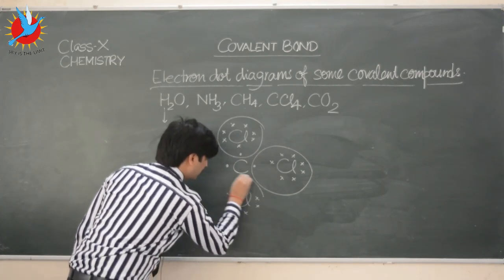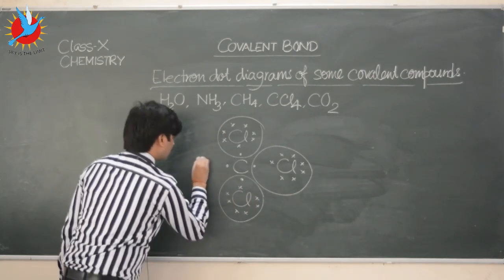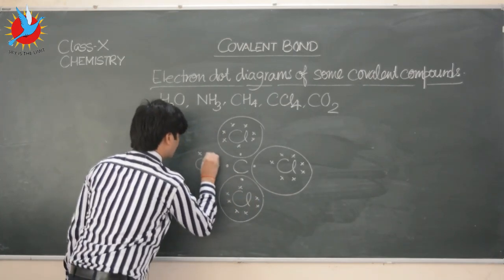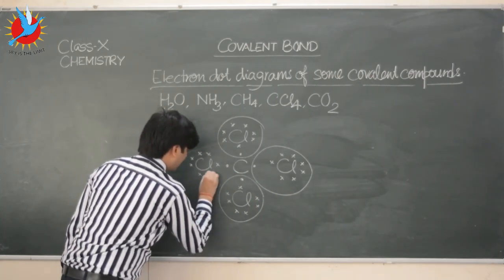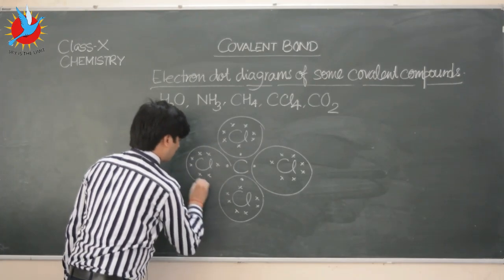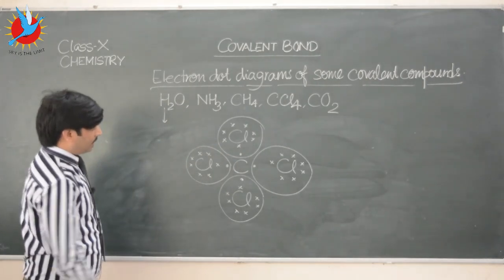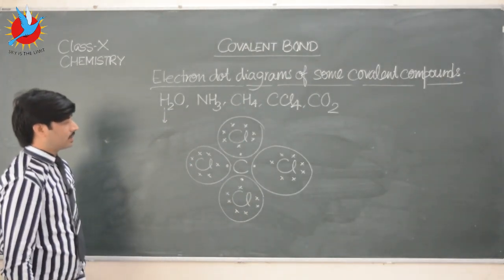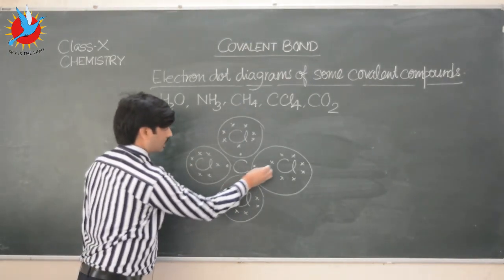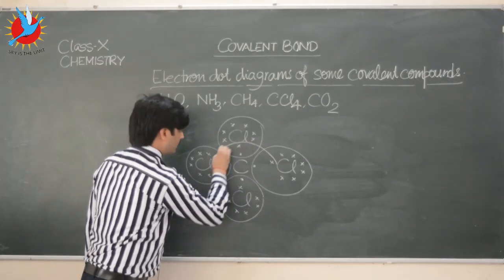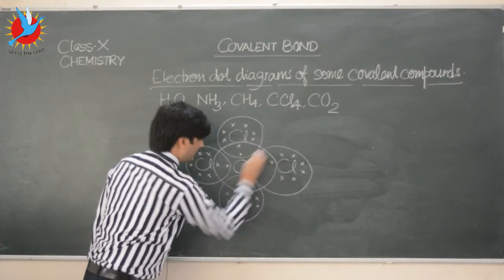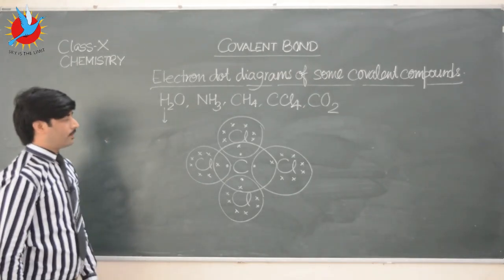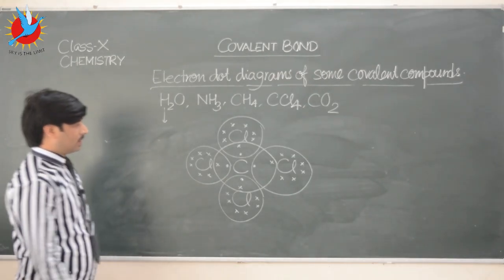In the same manner, the other chlorine atoms will also do the sharing of electrons. And you can see every chlorine atom has 8 electrons. Now, if you check the circle of carbon, then it also has 8 electrons.